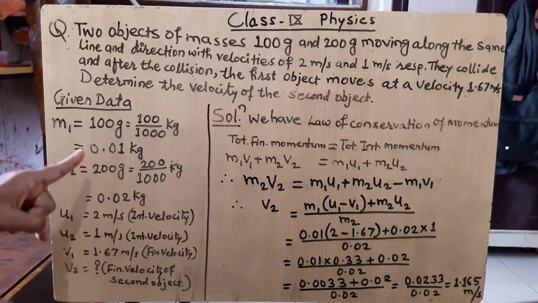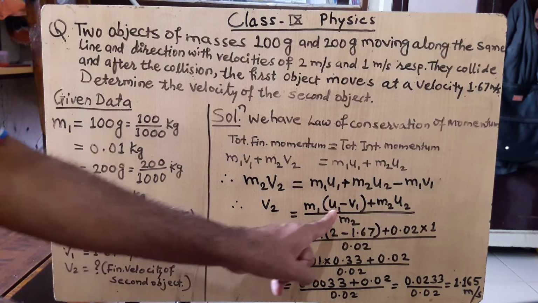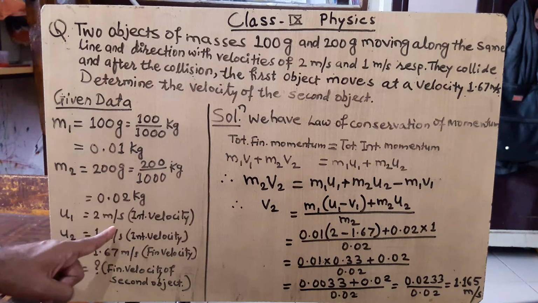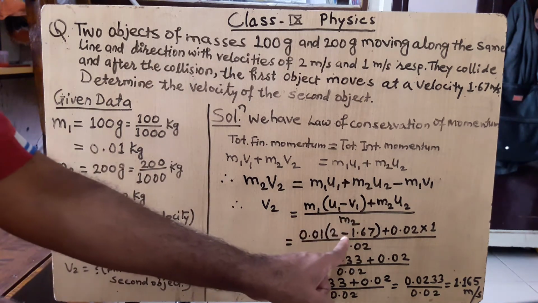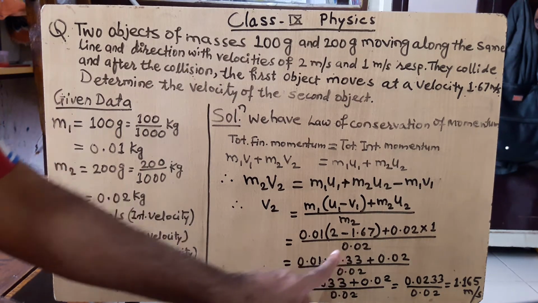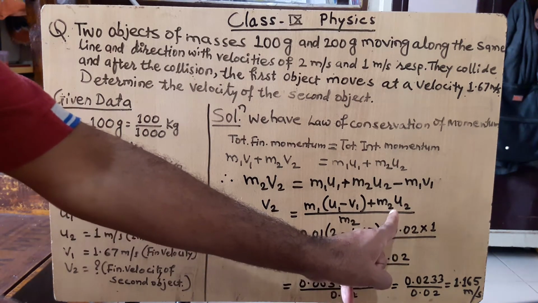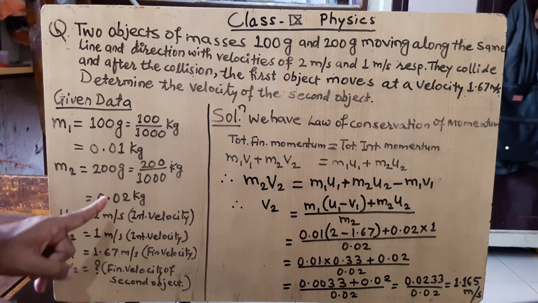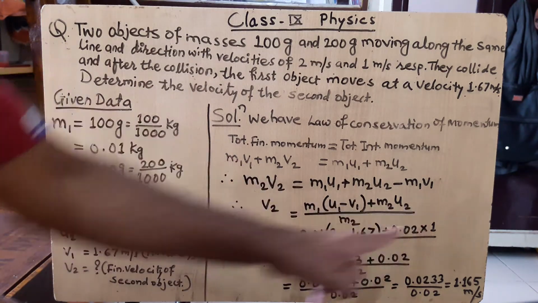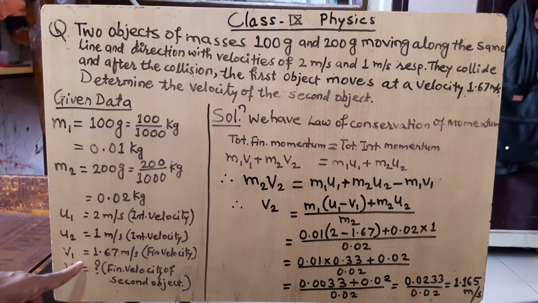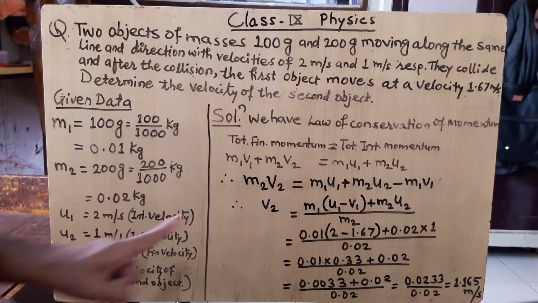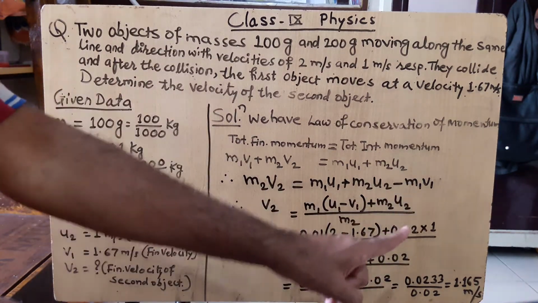Placing the values, m1 is 0.01, u1 is 2 meter per second, and v1 is 1.67. The subtraction of these two is given below, and it is plus the mass of the second object, that is 0.02 kilogram, and the initial velocity of the second object is 1 meter per second.